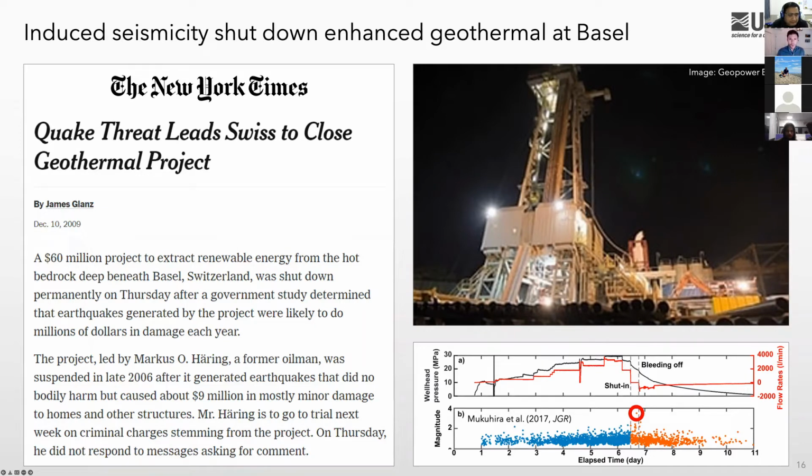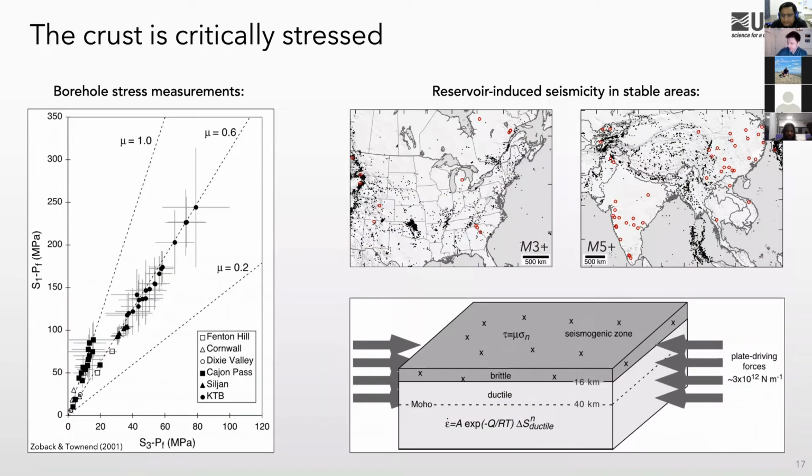Okay, well, an important principle to keep in mind relative to this problem is that we expect the crust to be critically stressed basically everywhere. And this helps explain why we have induced seismicity in so many parts of the world occurring just from these small developments, in the case of Basel, for example.